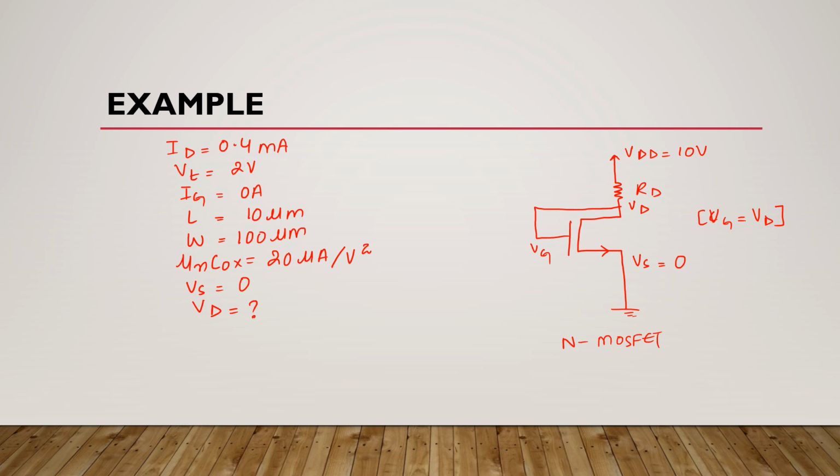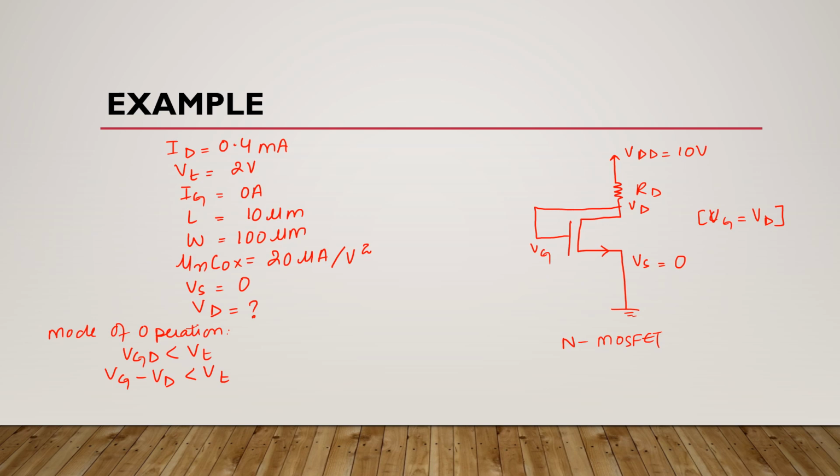First we will find the mode of operation. We know that in saturation mode VGD is less than VT. Here this VGD can be written as VG minus VD, which is less than threshold voltage. Here we know that gate voltage is equal to drain voltage.